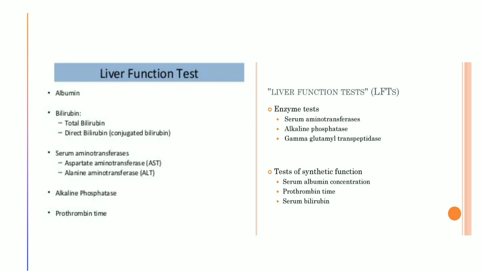We also see the liver enzymes, for example SGOT, SGPT, alkaline phosphatase, and prothrombin time, because if the vitamin K dependent factors are deficient, there will be chances of prolongation of prothrombin time. And also GGT, alkaline phosphatase, serum aminotransferase. These are the liver function test enzymes that we look for. That is also important for the diagnosis of jaundice.